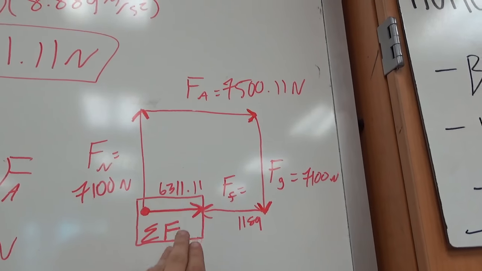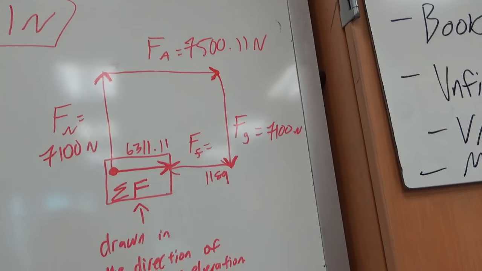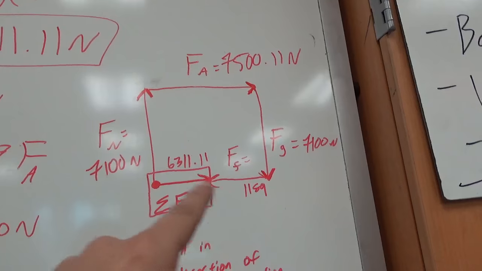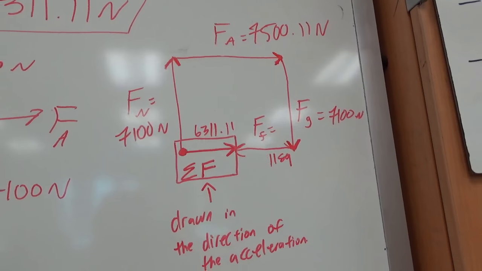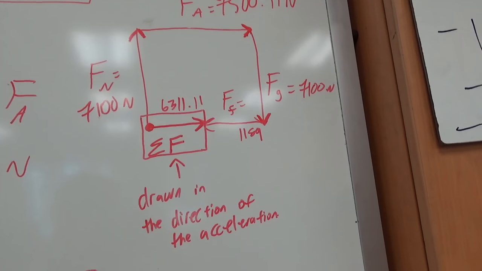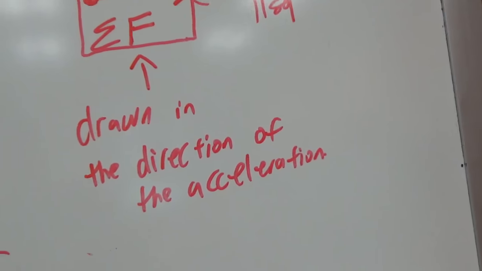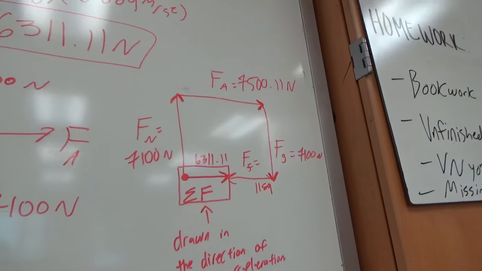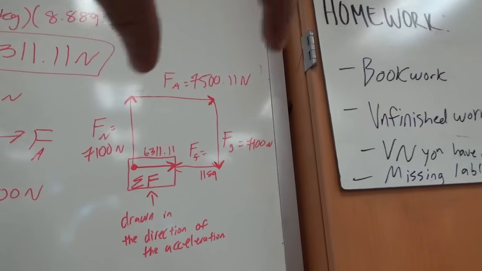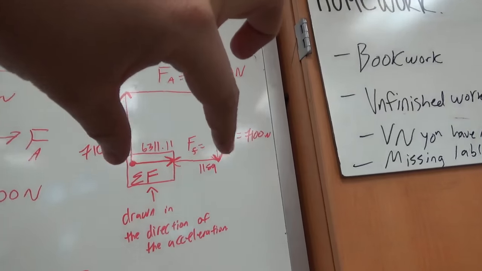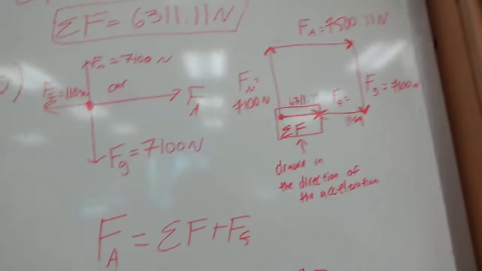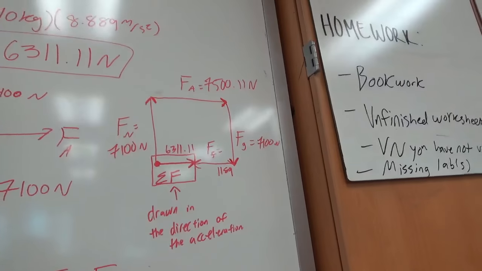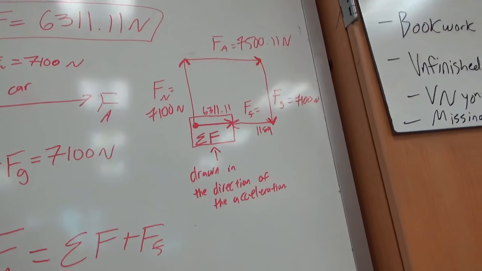And then I included that one to show, look, this is longer than that, so the acceleration has to go that way. And so I drew my net force vector, and as I said, you draw the vector in the direction of the acceleration. I labeled the numbers on everything, and then I said that this length is the same thing as these two lengths added together. So I wrote that down, and I solved, and then I labeled, and then we were done.